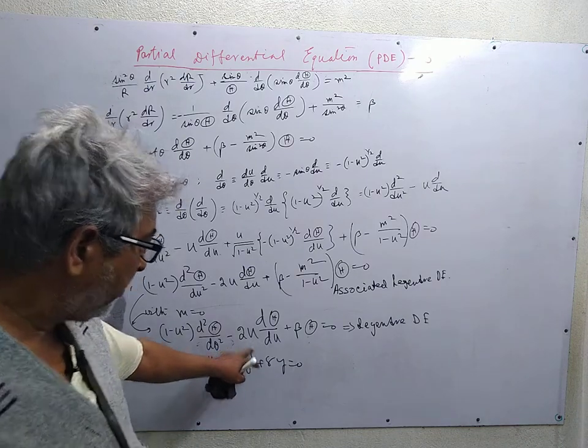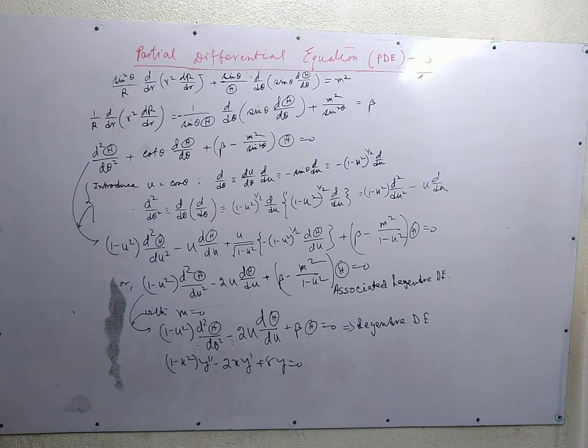Here u is equal to plus minus 1 corresponds to the z axis, u is equal to plus 1 corresponds to the positive z axis, and u is equal to minus 1 corresponds to the negative z axis. So in the system where the z axis is included, or we want to find the solution of Laplace's equation on the z axis, the infinite series solution is divergent, so it cannot represent any physical situation.